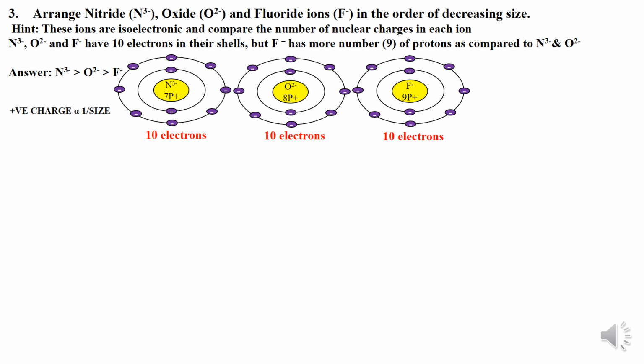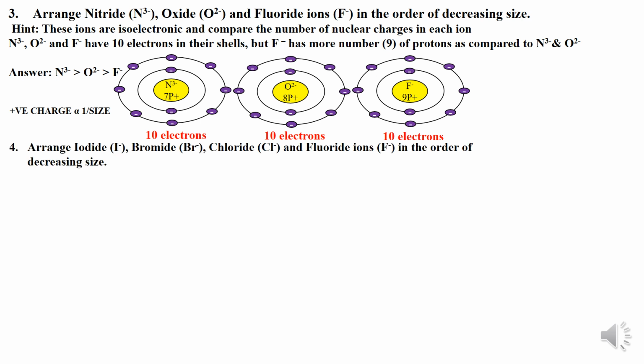So the order of decreasing size will be nitride bigger than oxide, bigger than fluoride ion. And remember this formula, that positive charge is inversely proportional to the size of the ion. So here you can see as the number of charges increases, there is a decrease in size of the ions.